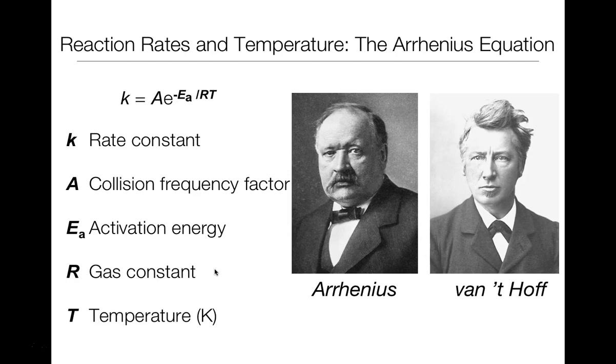It's just a go-between. So typically we use the 8.314 joules per mole Kelvin, and then usually in the ideal gas law we'll use the 0.08206 liter atmosphere per mole Kelvin. So just keep that in mind. Temperature, again, there's certain equations that only function when temperature is in Kelvin. So keep that in mind.